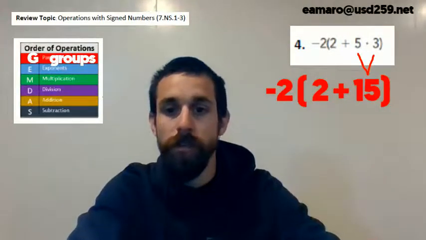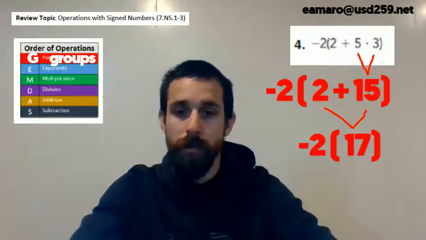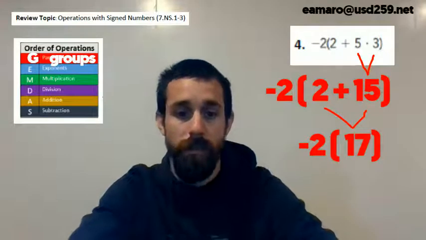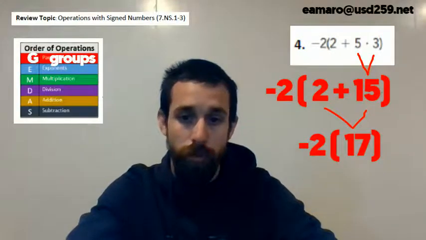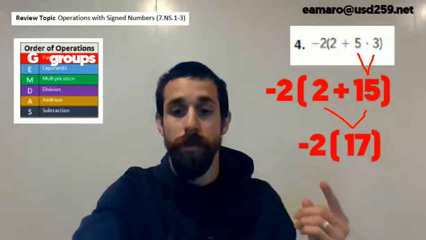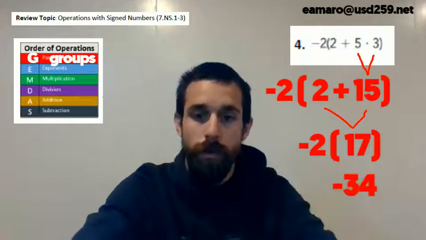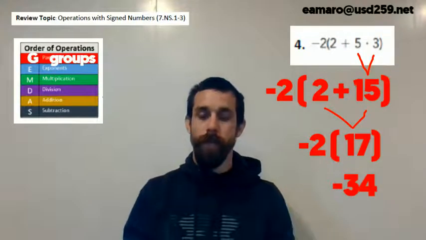Did the multiplication, now it's time to do the addition. That leaves me with -2 parentheses 17. And those parentheses, with a number right here on the outside, mean multiplication. So I'm really doing -2 times 17. And that would give me my answer of -34.